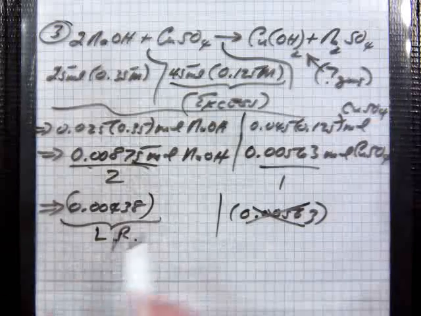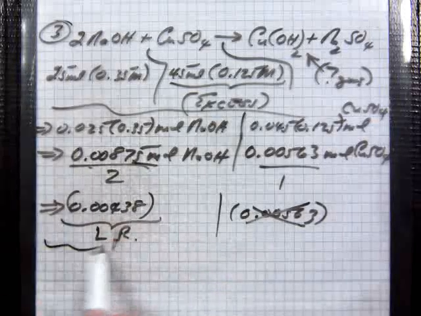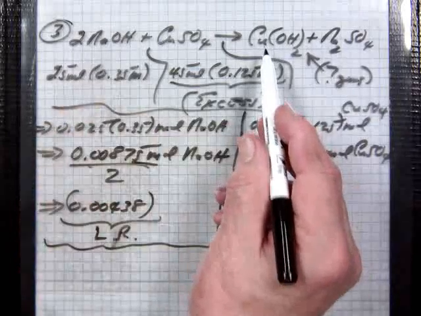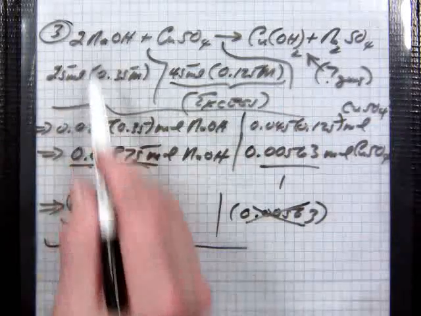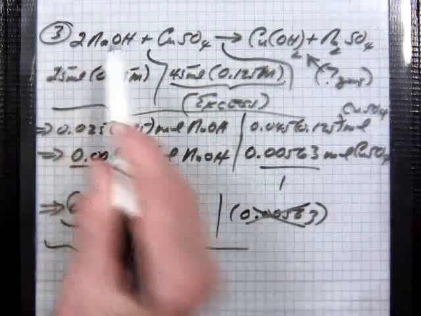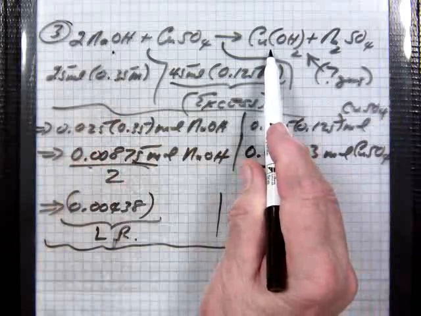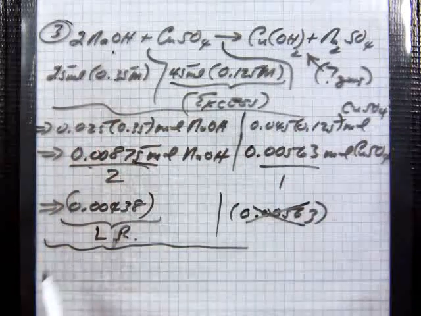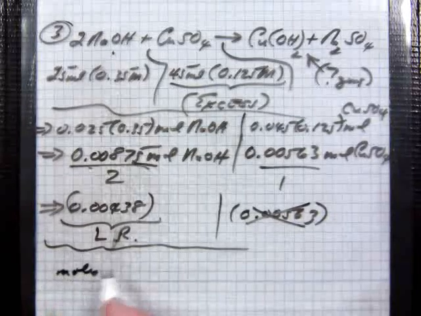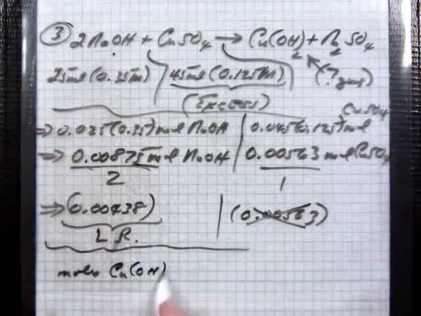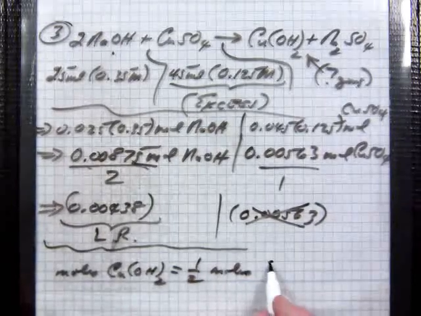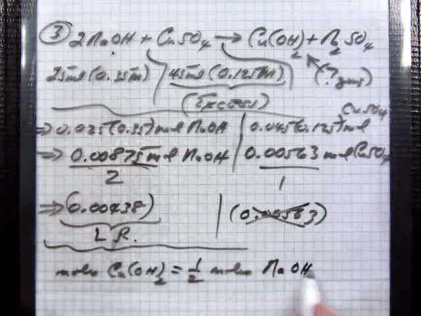Okay, so we want to work our problem from 0.00875. Well, that's a 2-to-1 reaction ratio. So if we're using 0.00875 mole of sodium hydroxide, the yield is going to be half of that. That's what the equation says. So the moles of copper hydroxide is equal to 1/2 the moles of the sodium hydroxide.